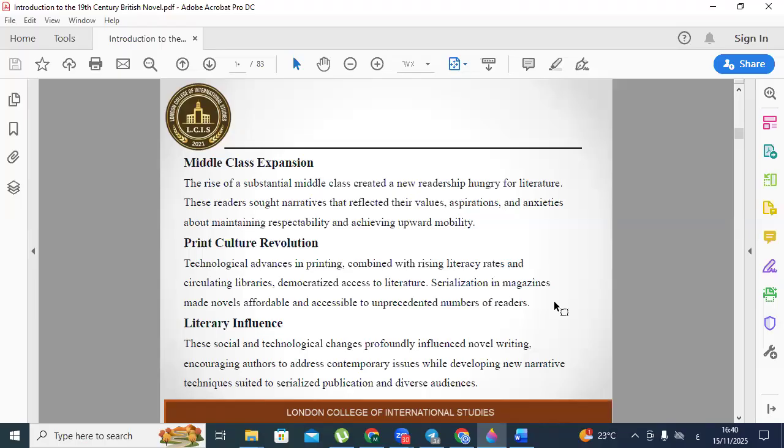Literary influence: the social and technological changes profoundly influenced novel writing, encouraging authors to address contemporary issues while developing new narrative techniques suited to serialized publication and diverse audiences.